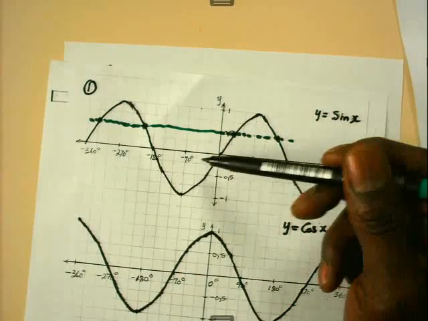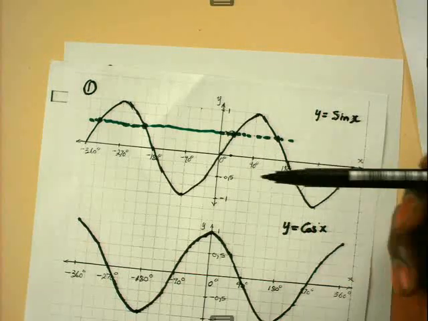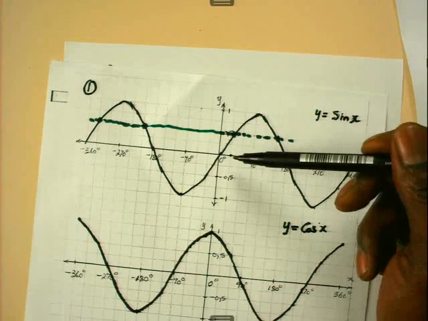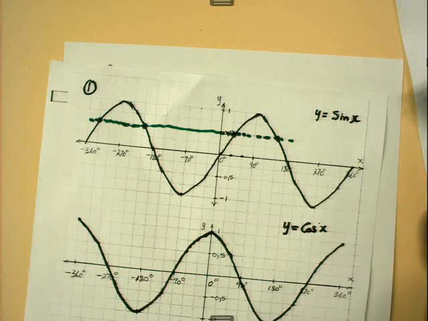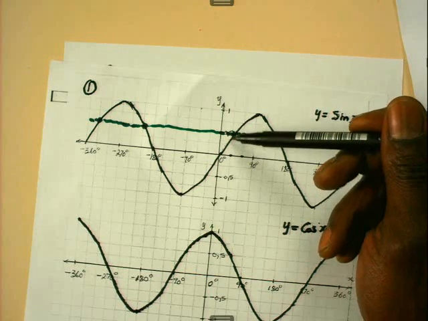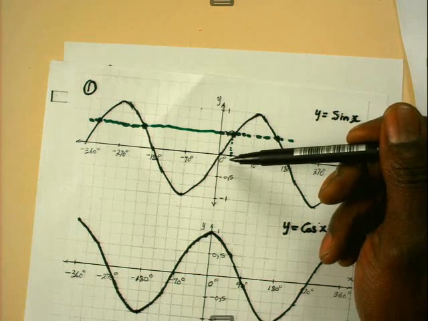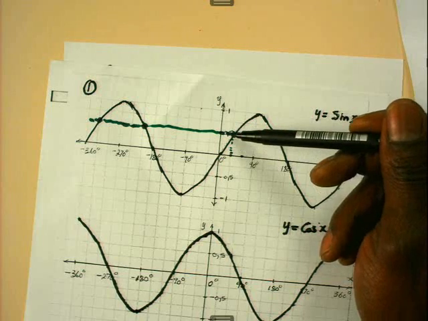I've actually drawn this graph so that I'm having the multiples. I've used the square grid and I've used the multiples of 30 degrees. And obviously, 30 degrees is going to be one of the solutions because we want to solve x where y is 0,5.